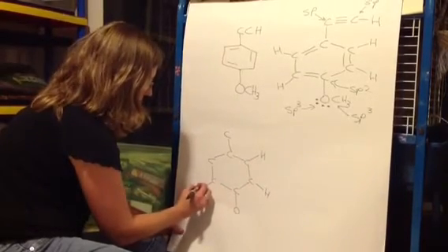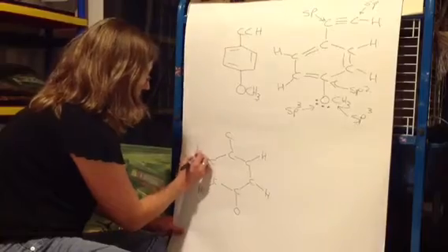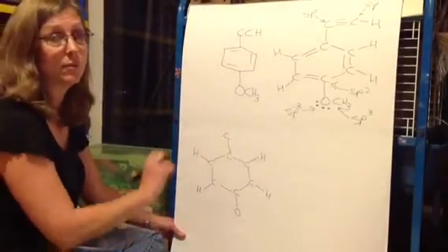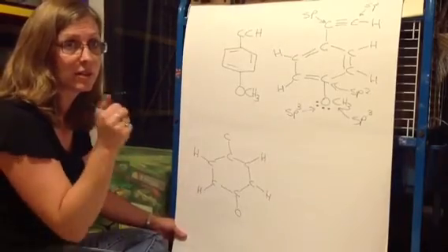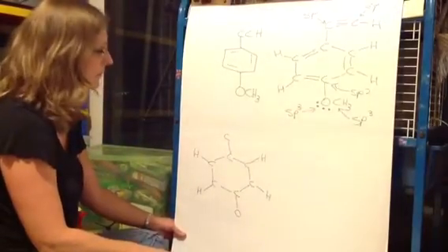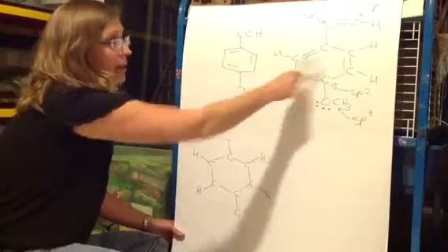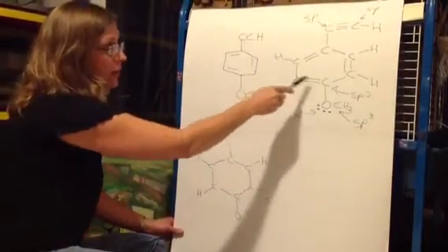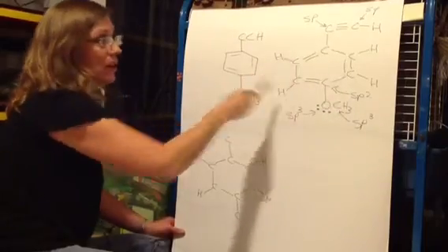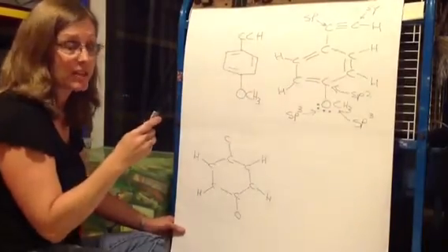As best we can, it really helps to do your 3D sketches in pencil so that if you realize you've drawn something that's not quite the right angle and you need to adjust it, you can erase it. It's tough doing it with a Sharpie marker, that's for sure. Okay, and what do our pi bonds look like? Our pi bonds are going to be p orbitals. So it turns out that with benzene, every single carbon has a p orbital.